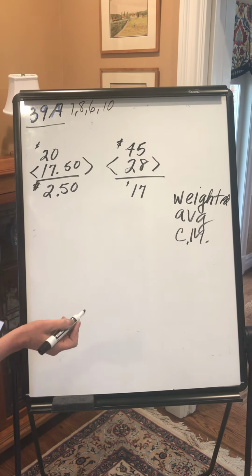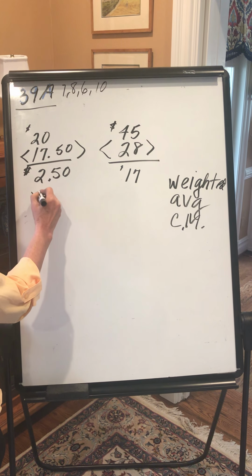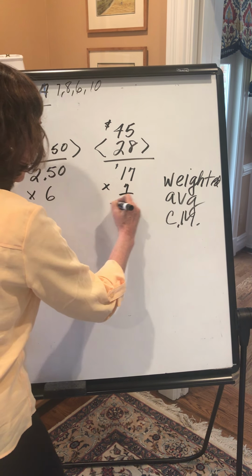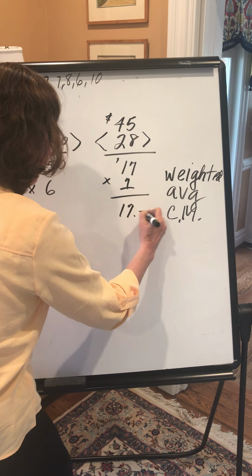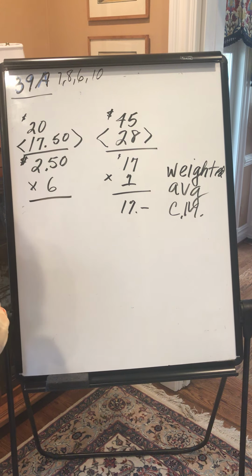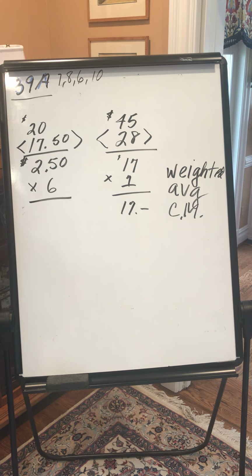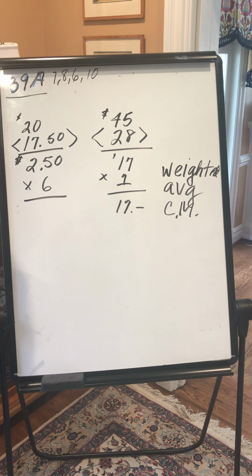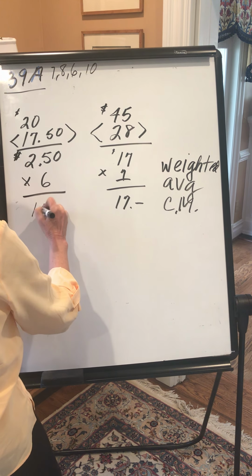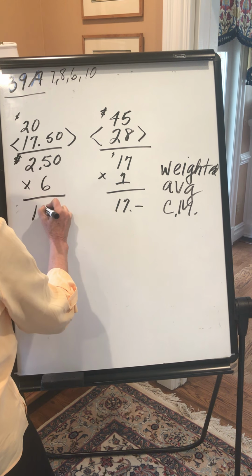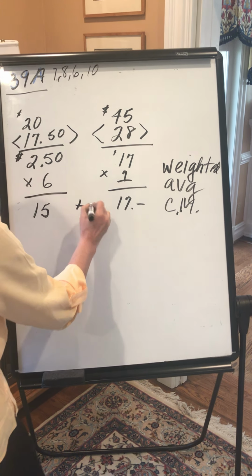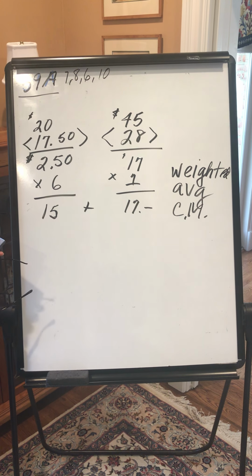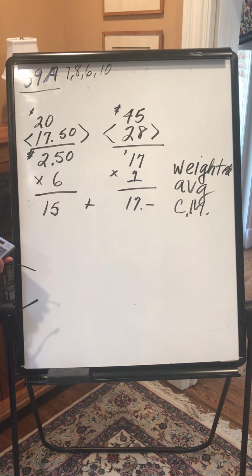All right, so we're going to sell 6 of these for 1 of these. So that's going to give us 17, obviously, and 6 times 2.5, 15. So to calculate our weighted average, we're going to have the 15 plus the 17.